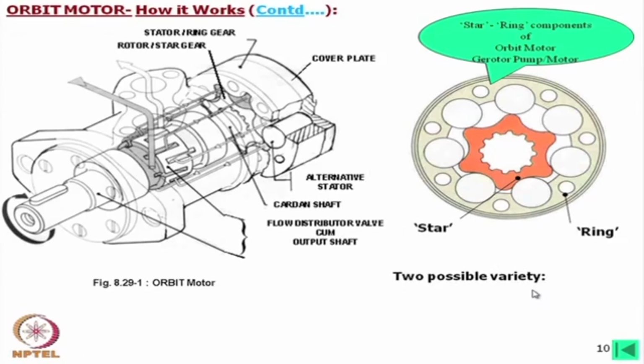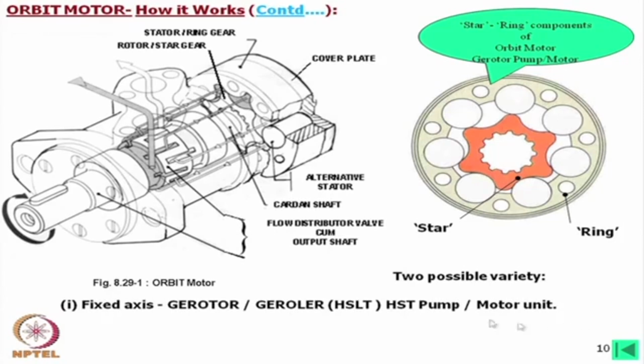Two possible varieties out of these star and ring. One is the fixed axis gerotor or G roller, high speed low torque, hydrostatic transmission unit, which is a pump or motor. In this case this axis is fixed, this is also fixed.